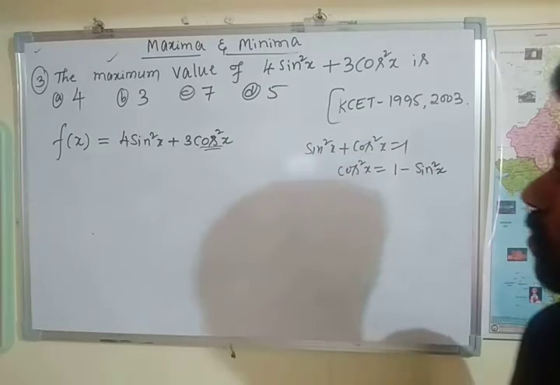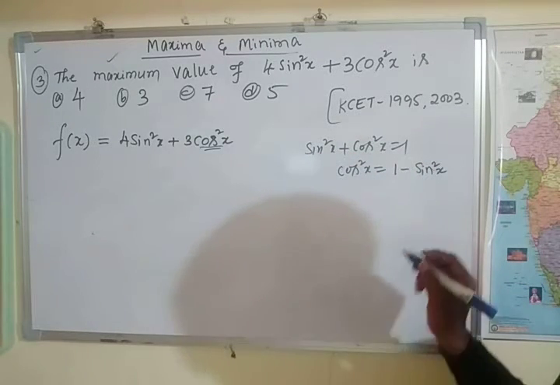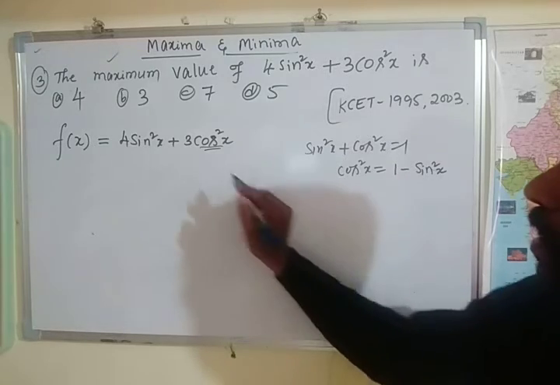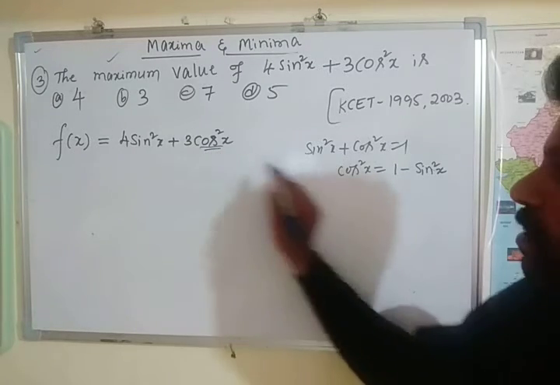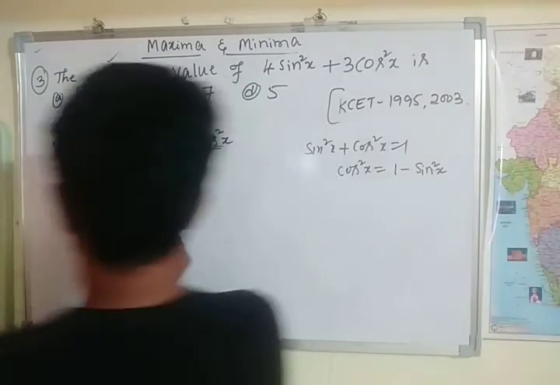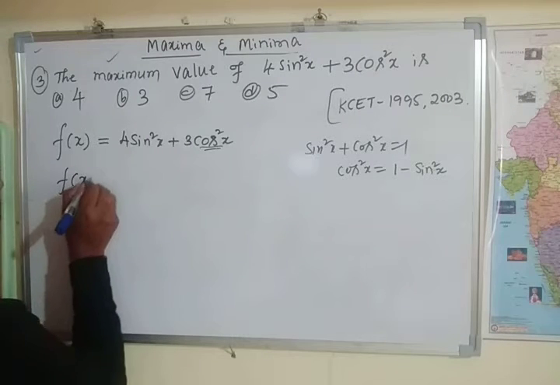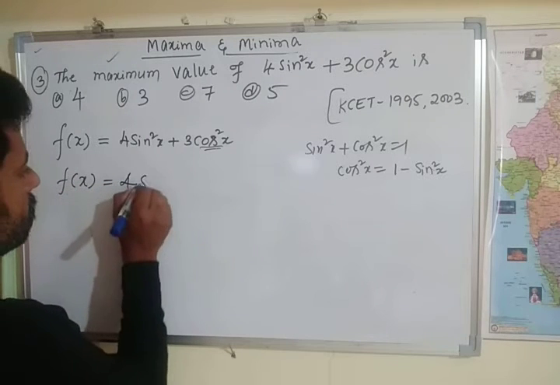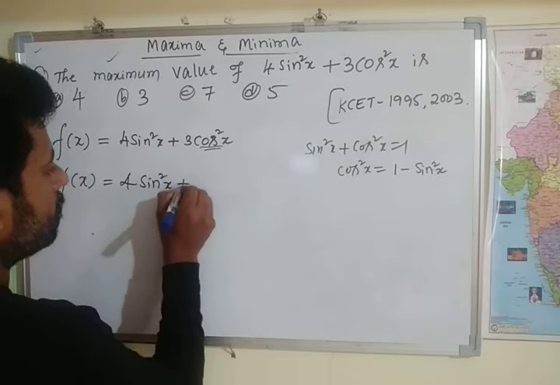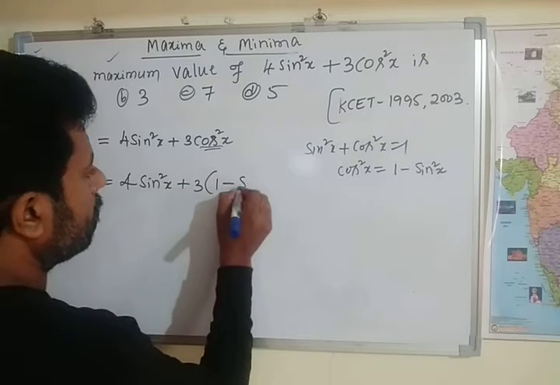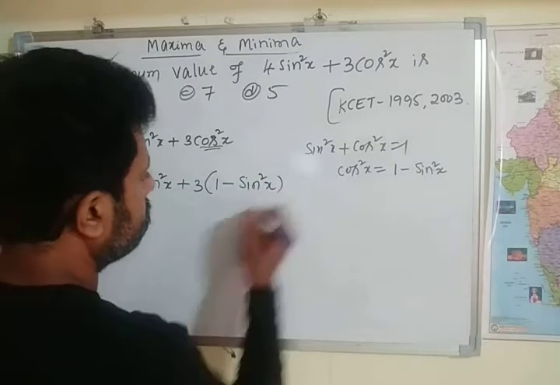Now we substitute cos square x as 1 minus sin square x. Therefore f of x is equal to 4 sin square x plus 3 times 1 minus sin square x.